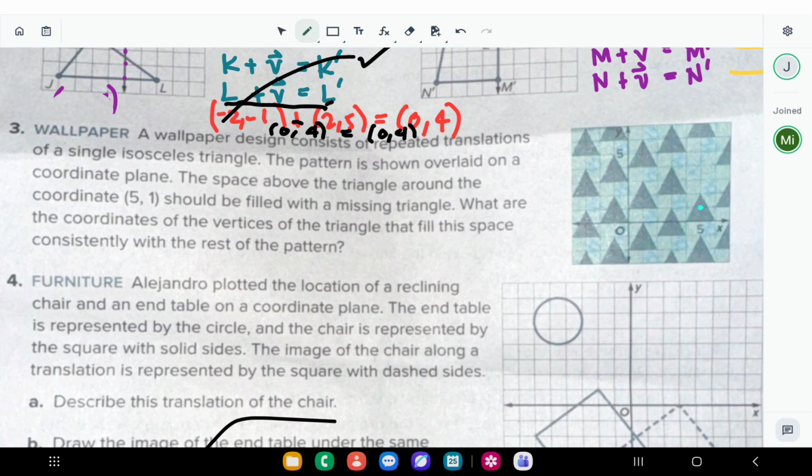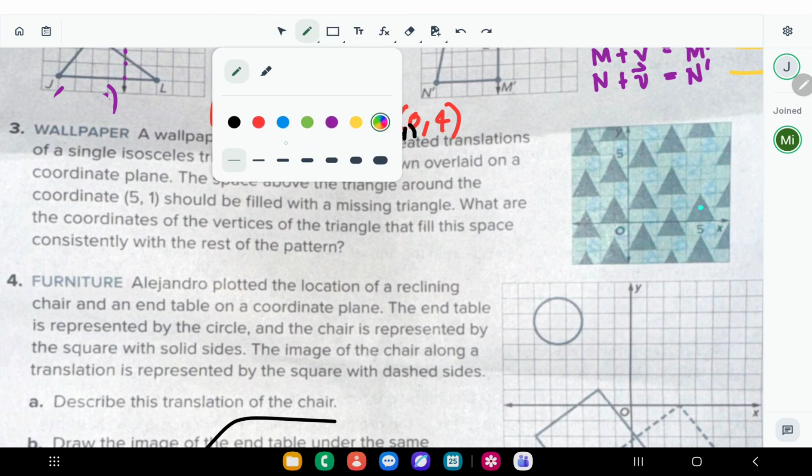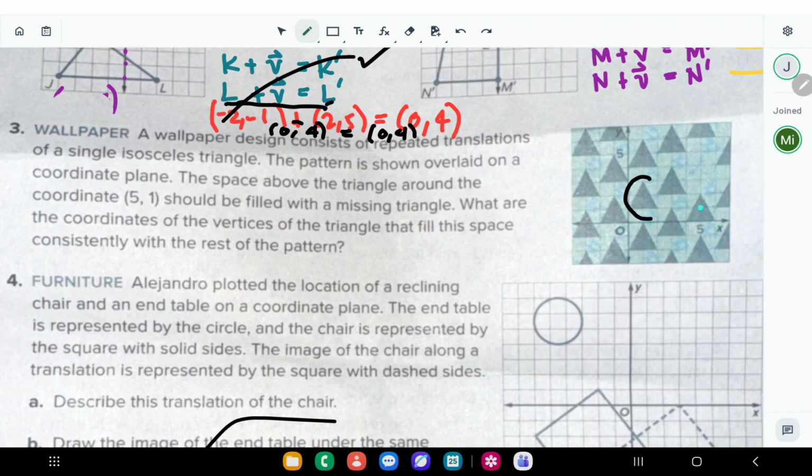What we're going to do here is we identify one complete triangle in the pattern and then record its 3 vertex coordinates. So we choose one triangle here. Okay, let's try this one. This is a complete triangle, so let's choose that triangle. So let's say that triangle is triangle ABC.